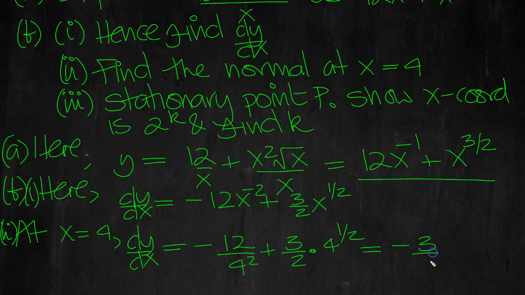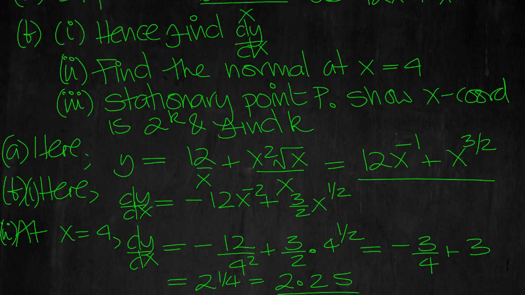So it's minus 3/4 plus, the 2's will cancel, because root 4 is 2. So that's just plus 3. 3 take 3/4 is 2 1/4, or 2.25 if we want to write it in decimal form.